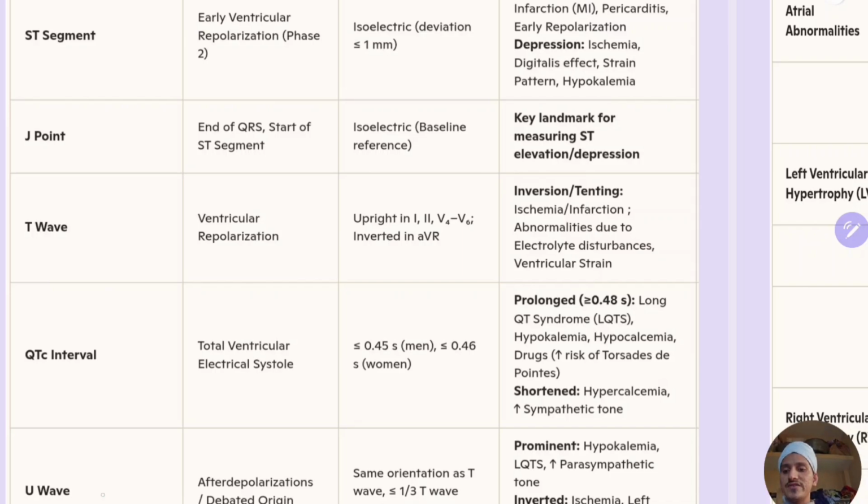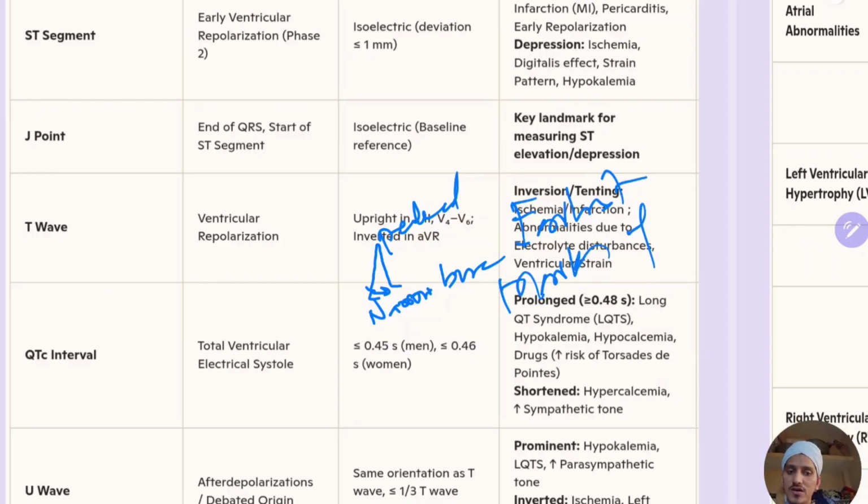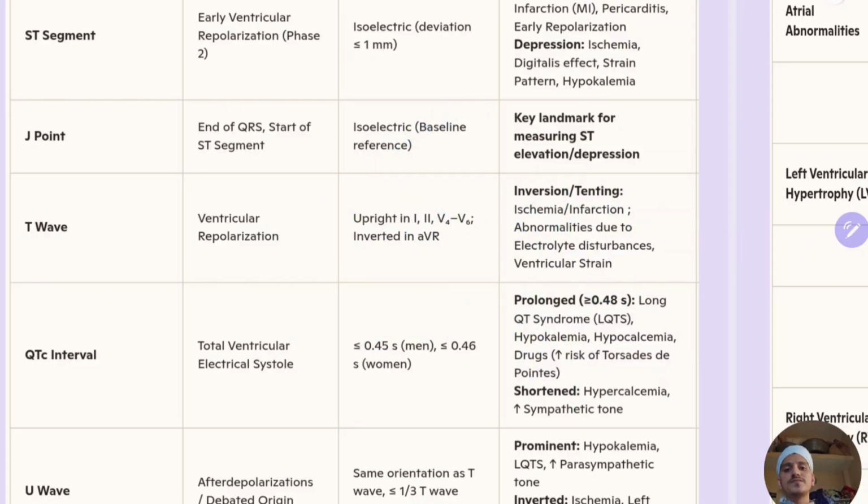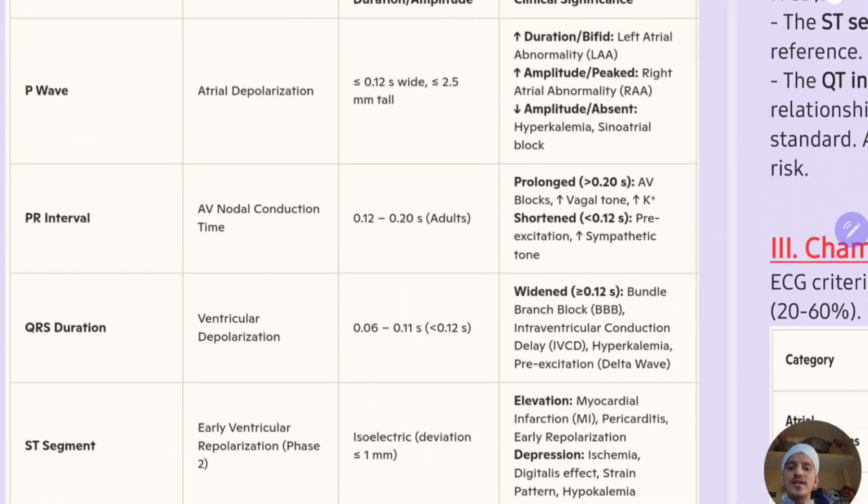So remember, in T waves, large, peaked, narrow-based, symmetric T waves, these 3 points, are the earliest marker of hyperkalemia. Symmetric, narrow-based, pointed T waves are the earliest marker of hyperkalemia. Okay, that's all. So we have discussed this whole table now.